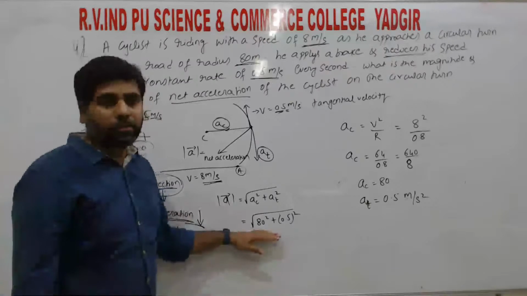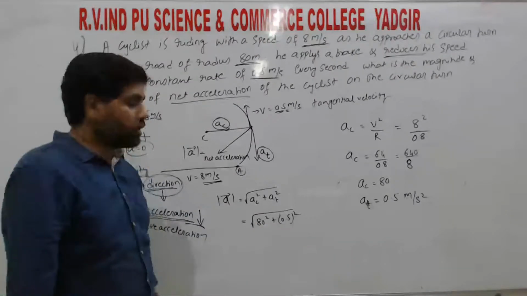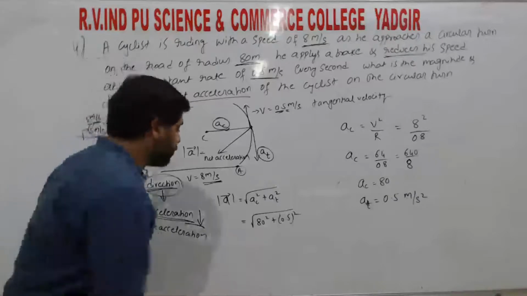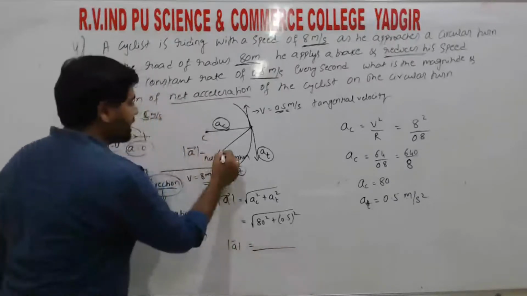Simplify, that is under square root. So we get some value, and that value is the magnitude of the net acceleration.